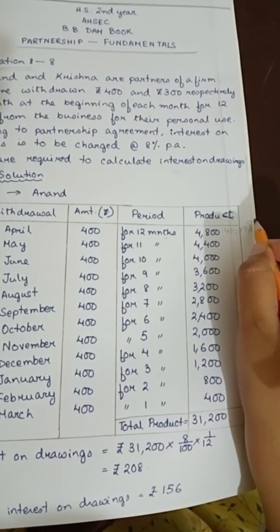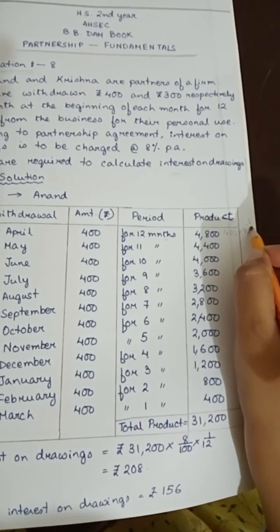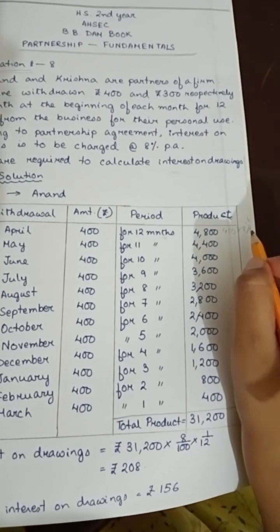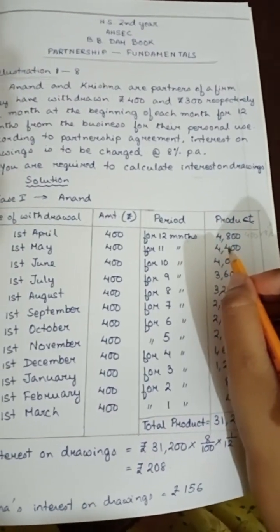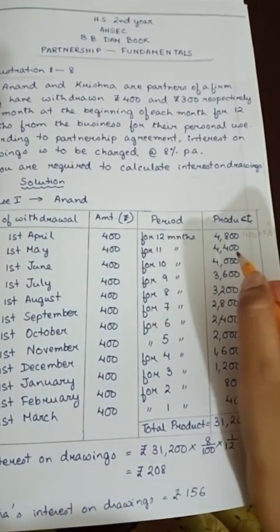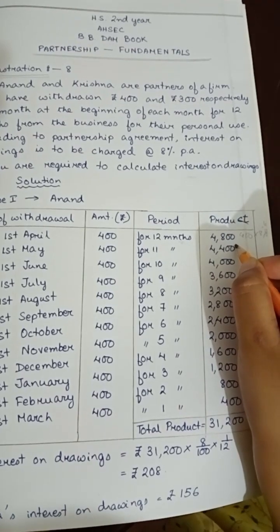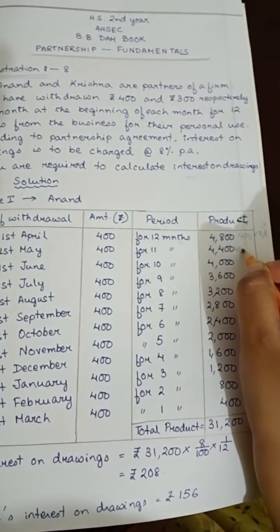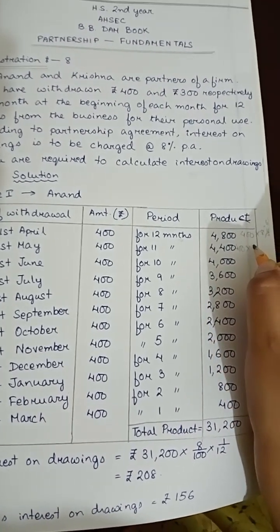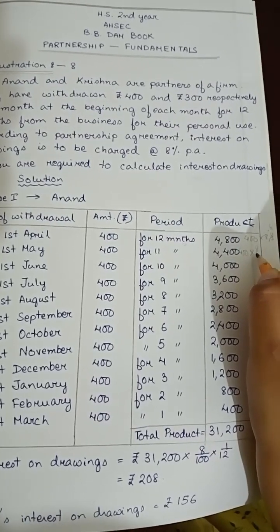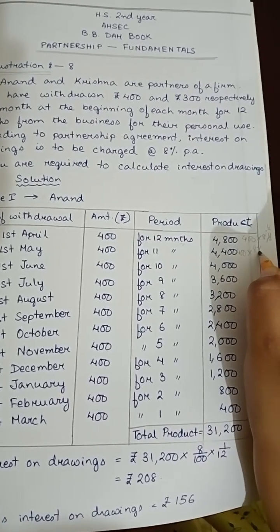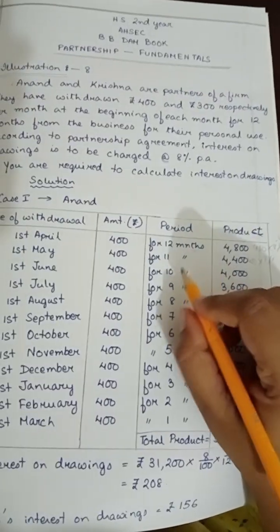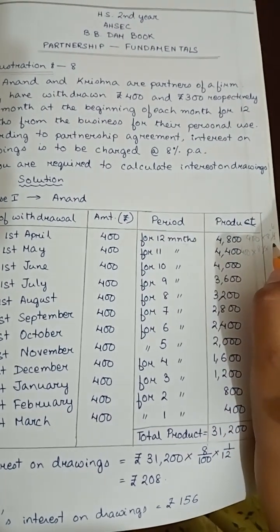So 12 by 12. Again for the next month, that is 1st May, 400 is withdrawn into 8%. You write here 8% into, it is for 11 months.